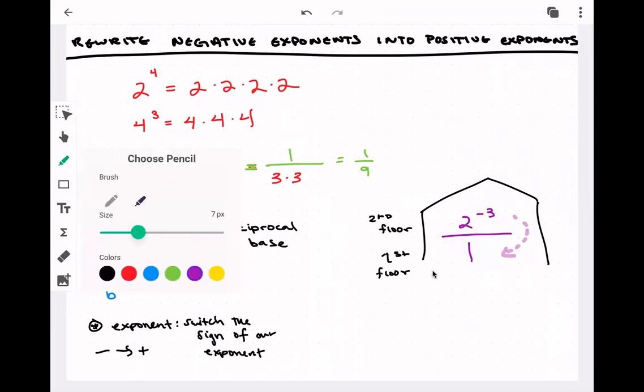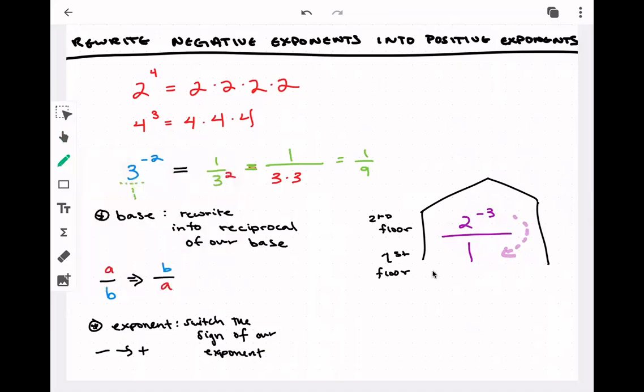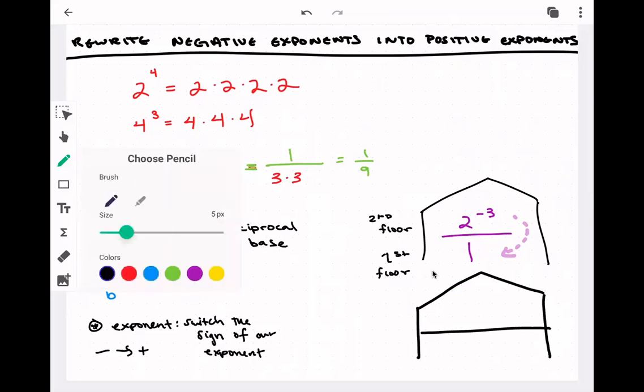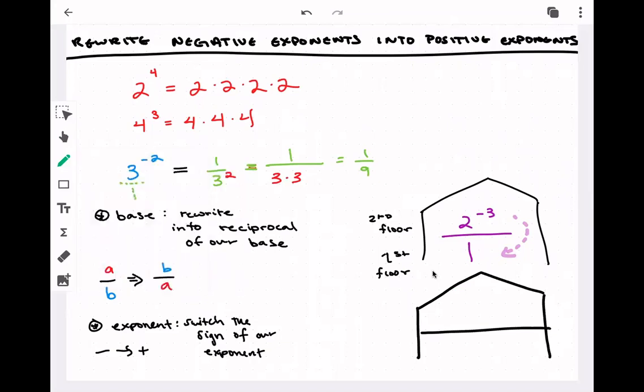So I'm going to draw the same picture, but now we're going to look at it where that 2 is now currently living. So now there's just that 1 that's living up there. Somebody moved in, took the 2 to the negative 3 power spot.